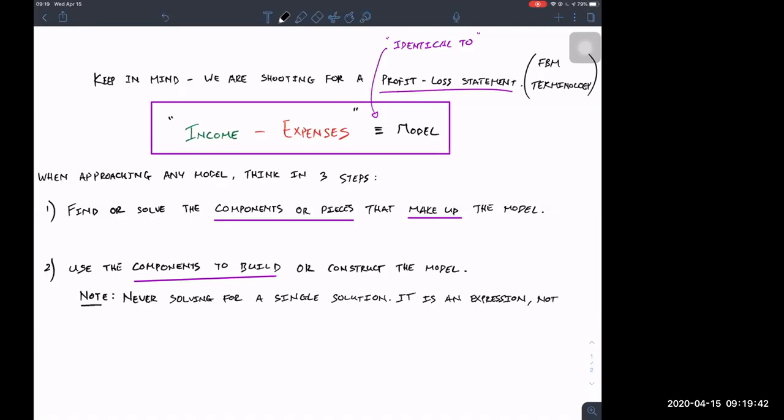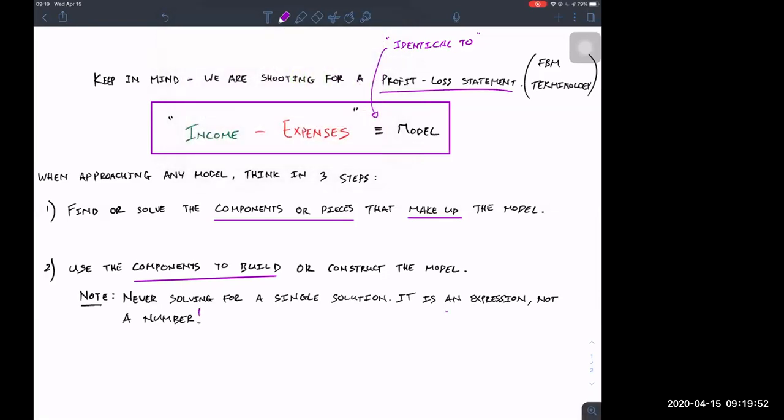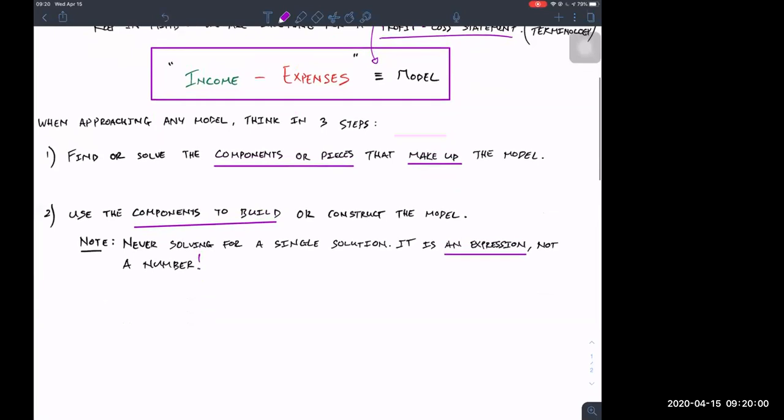So your model, whatever problem you're working on, should never be a single number. So never a number, it's an algebraic expression. And then once the model is constructed, built, or whatever you want to call it, then you answer the follow-up questions pertaining to the model.